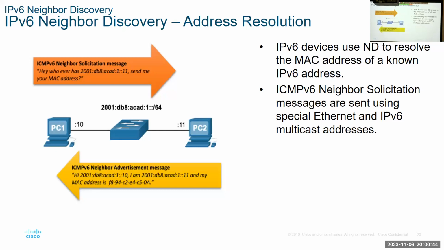So it works just like a broadcast. Every node is supposed to look at this packet, since it's the all nodes multicast. And if they own that address, they'll respond with their MAC address. So it really works very similarly to ARP, except it's called something different and it's a multicast.